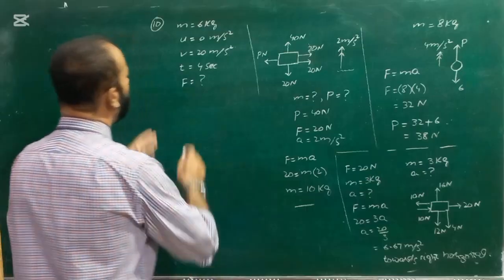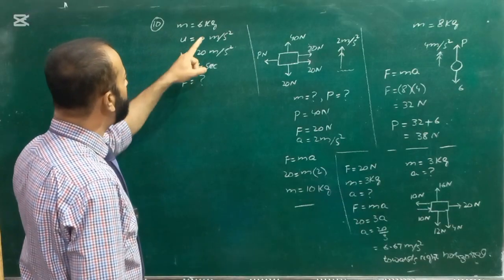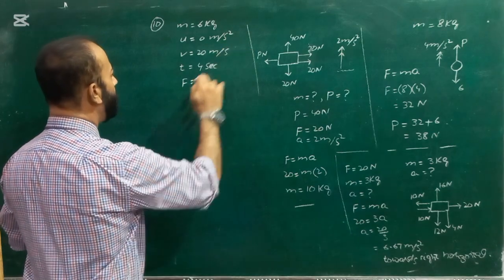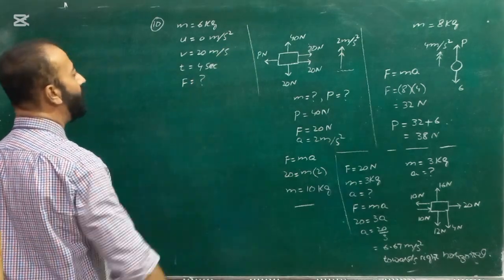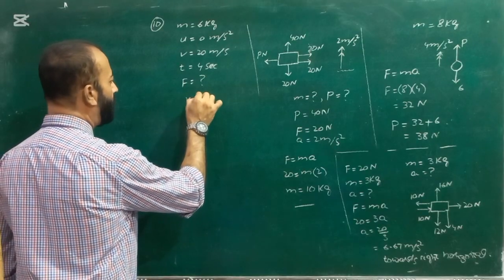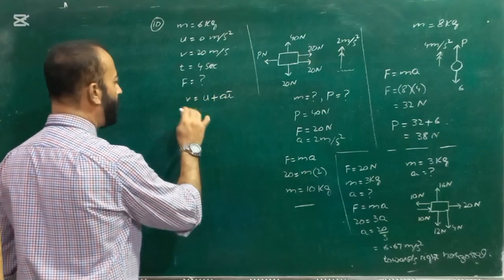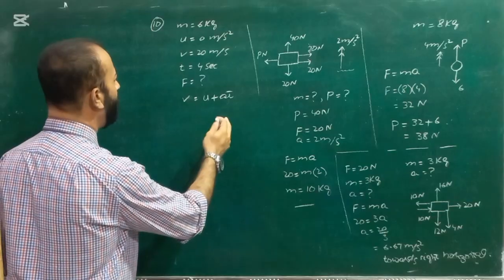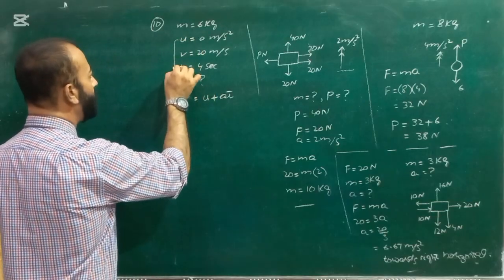Here is the data of question number 10: M is 6 kg, u is 0, v is 20 meter per second, time is 4 seconds, and F is the requirement. First we will find A by using the first equation of motion, that is v is equal to u plus at. This is the first equation of motion that will be used to find A according to the data. Now we are going to put these values into the formula.